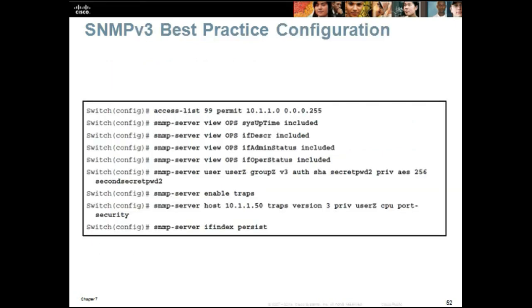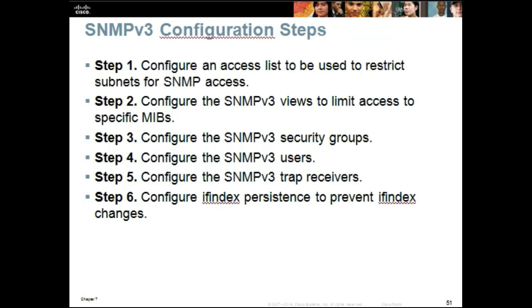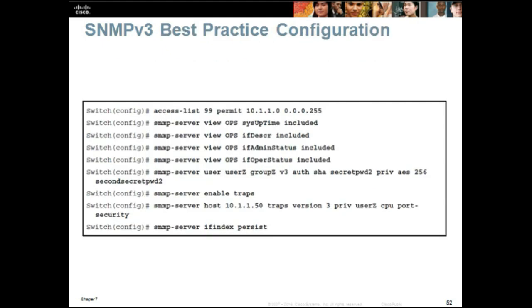So Z and the group that the name belongs to. Okay, group Z. And then we want to enable traps, which means this switch should be able to send a trap should anything happen to this tree view status.